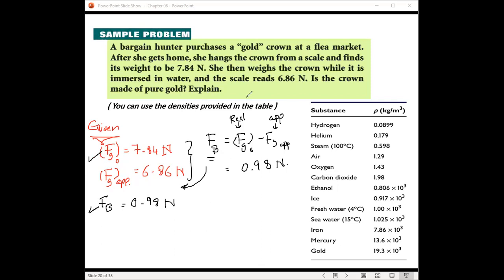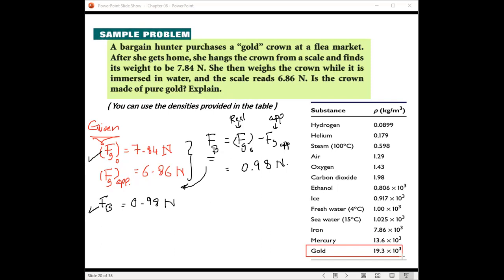Is the crown made of pure gold or not? The pure gold is not given. No, it's given. This is the pure gold, it's given in the table. So this is the density of the pure gold.